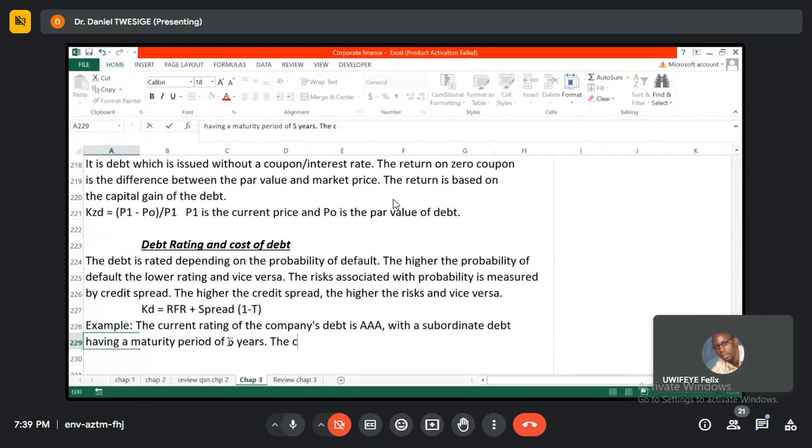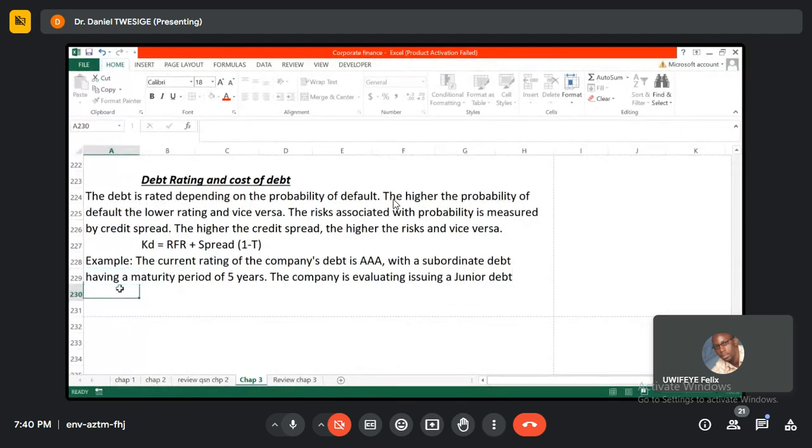The company is evaluating issuing a junior debt.